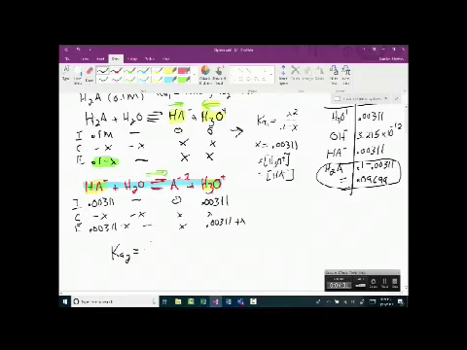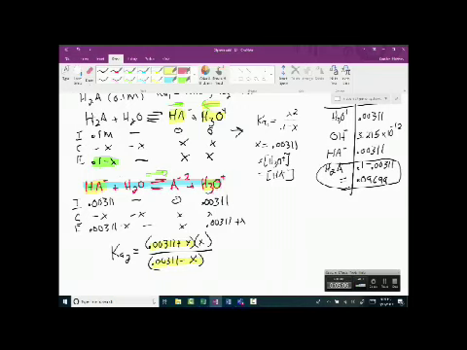Ka2 is equal to 0.00311 plus x times x divided by 0.00311 minus x. My assumption is 0.00311 plus x is approximately 0.00311, and that's up here, and 0.00311 minus x is 0.00311.